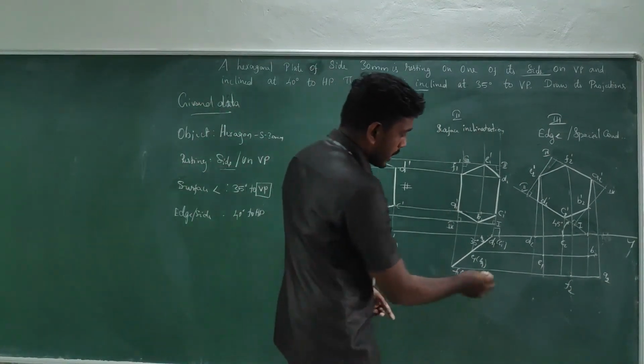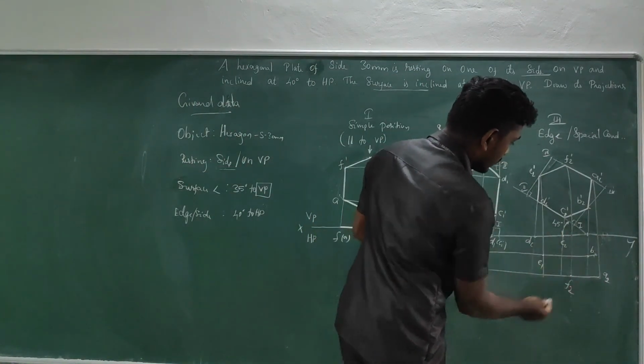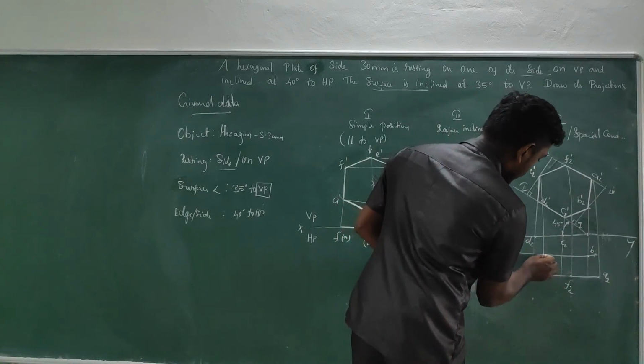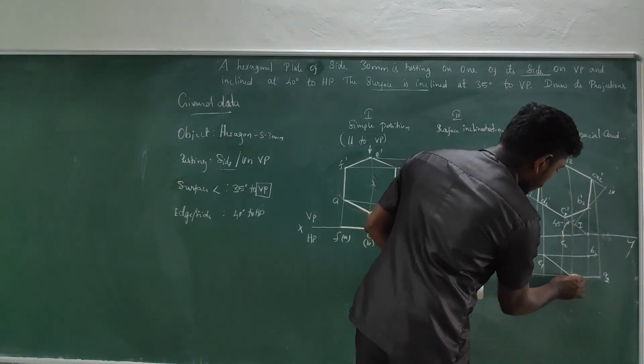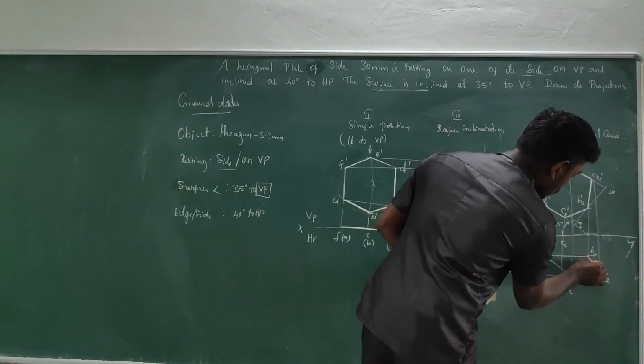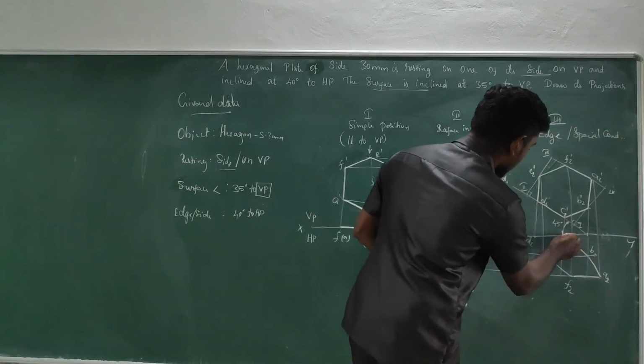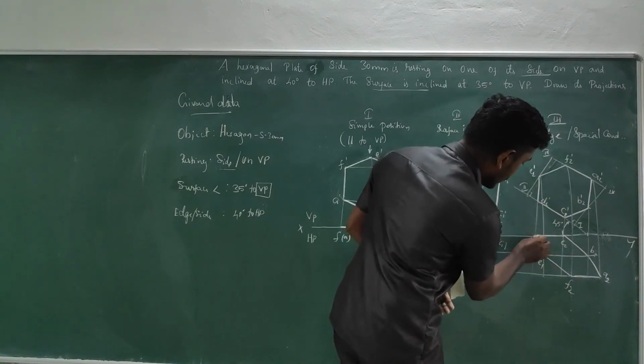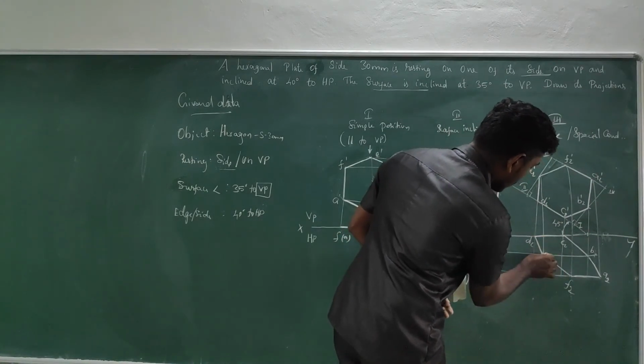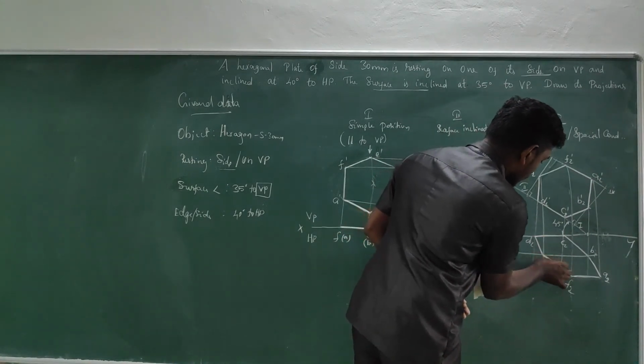Now try to connect all the picked points. So I am connecting E to F, F to A, A to B, B to C, and C to D. When you are joining, you will get the exact shape.